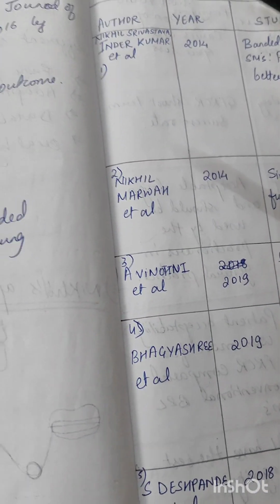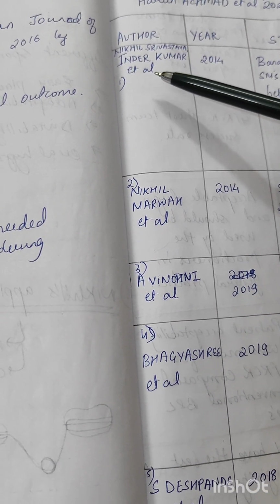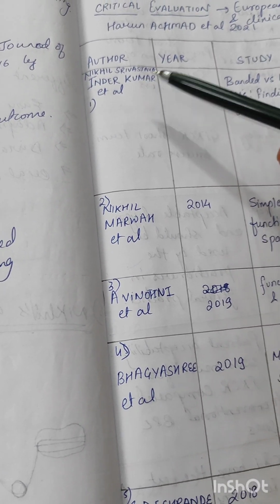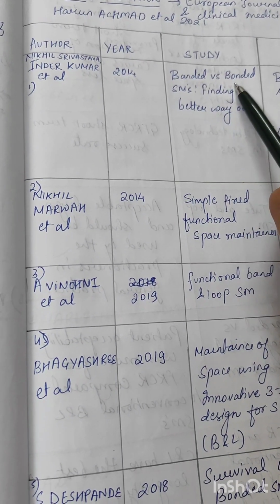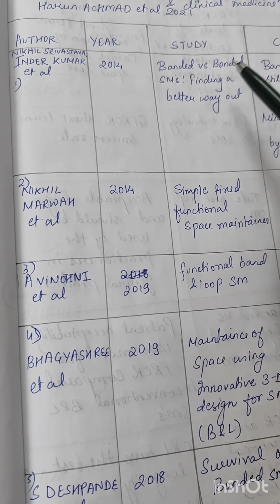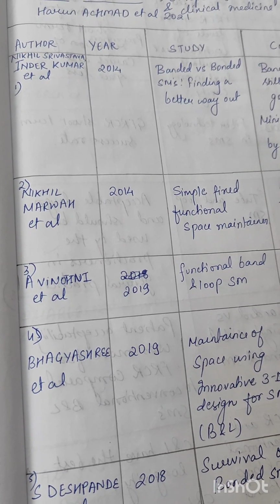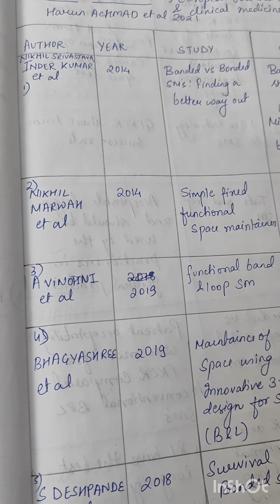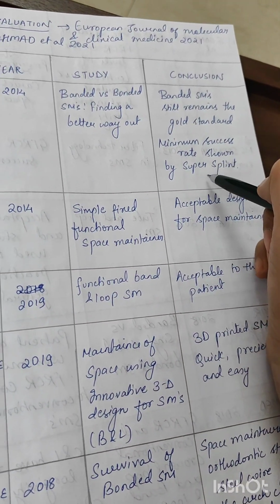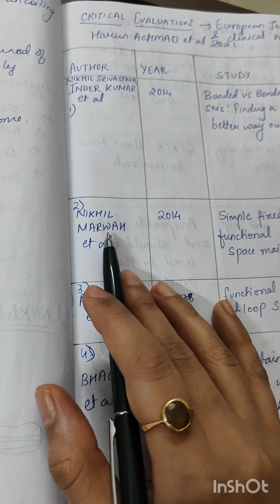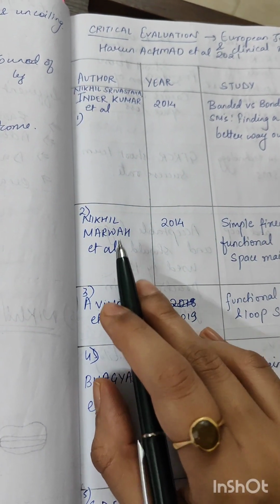First, in 2014 by Nikhil Srivastav and Inder Kumar et al., a study on banded versus bonded space maintainer, finding a better way out, and they told that band and loop space maintainers are still considered the gold standard, and minimum retention is of super splint.